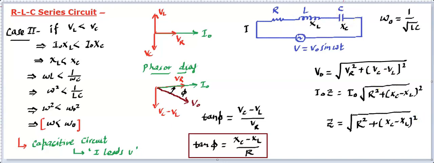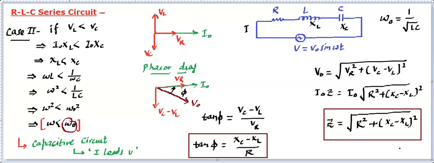Once you got to know Z, then you can write the formula I naught is equal to V naught by Z, and you can find the value of maximum or peak current. So again, this is the case in which we have talked about this condition. That's an important condition. That means the frequency that we have applied from outside, the external frequency, is less than the natural frequency, which is the frequency of the system or the circuit.